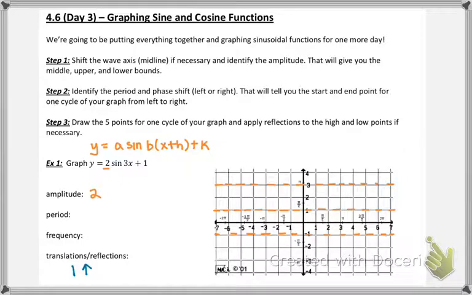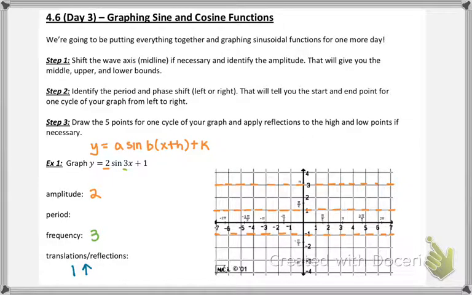Next, we're going to identify the period and phase shift, and the frequency is going to help you identify the period. Frequency is b, which in this case is 3, meaning that we should be able to draw 3 full cycles of my sine wave in a 2 pi period. The period we're looking for is the horizontal distance it would take to fit 1 full cycle.